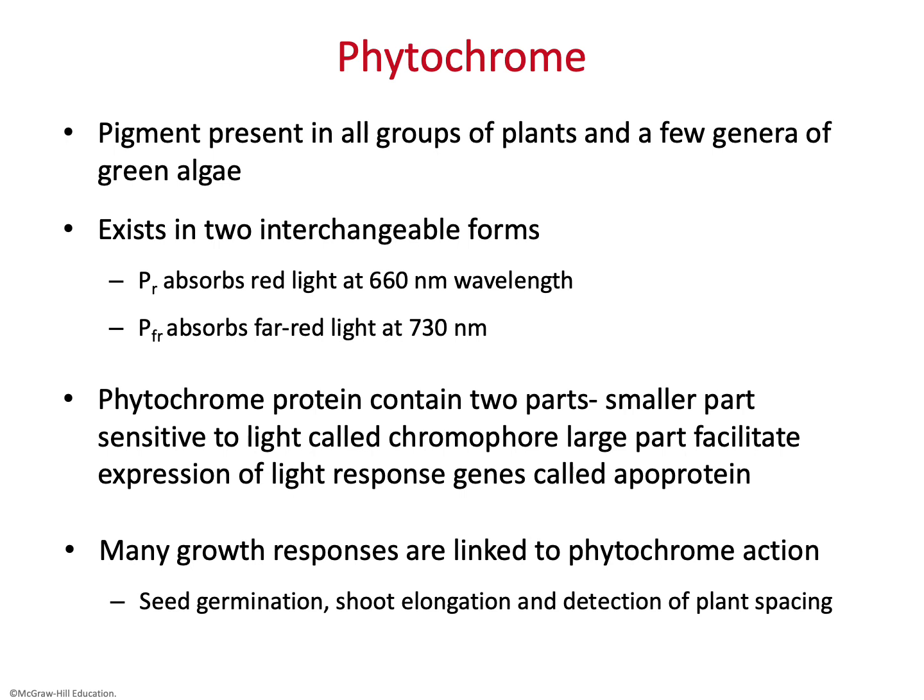When the phytochrome gene is expressed, the protein that is produced has two parts. A smaller part is called the chromophore, which senses the light, and a bigger portion called the apoprotein, which facilitates the expression of light response genes.